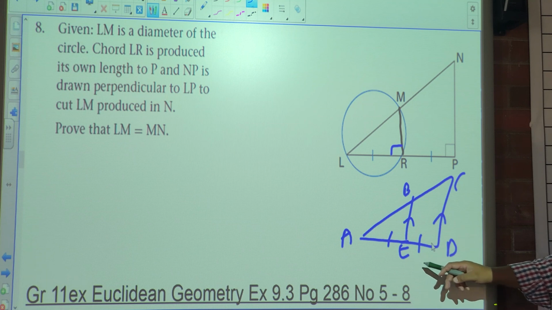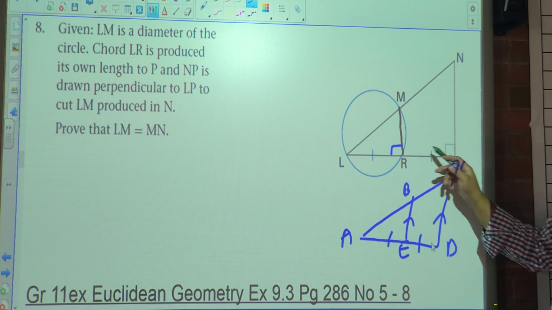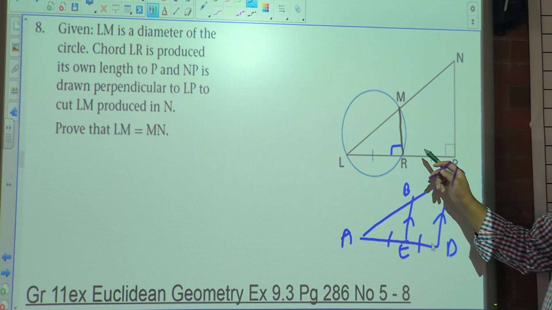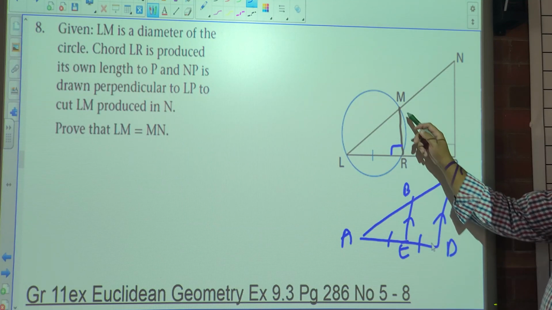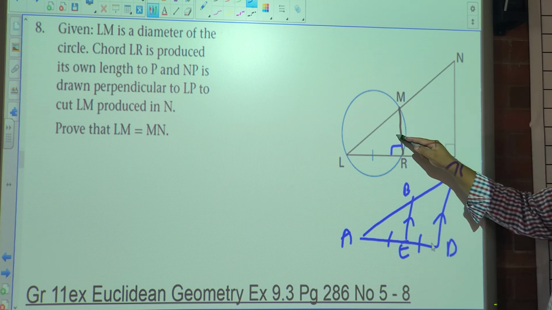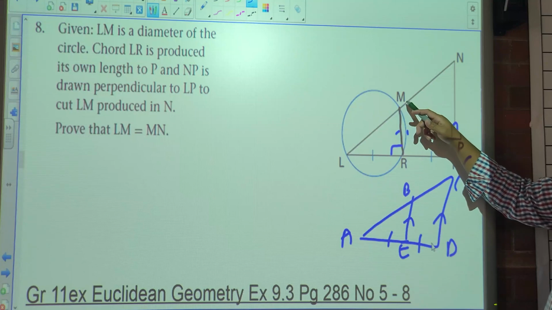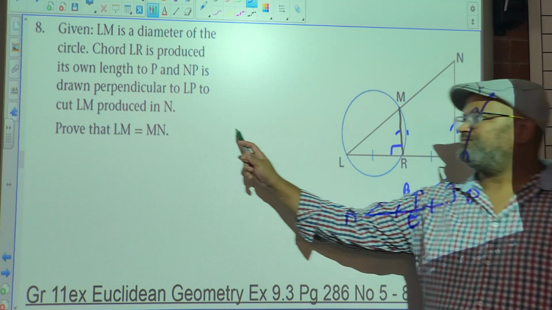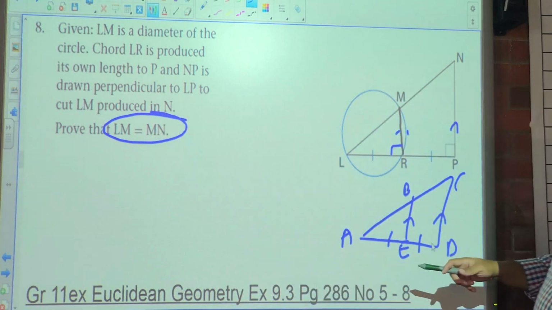So in this case, you got LR and RP. These lines are not equal, but these angles are equal, so it makes these lines parallel. And if those lines are parallel, what do we know? LN is equal to MN. You see that? What else do we know?